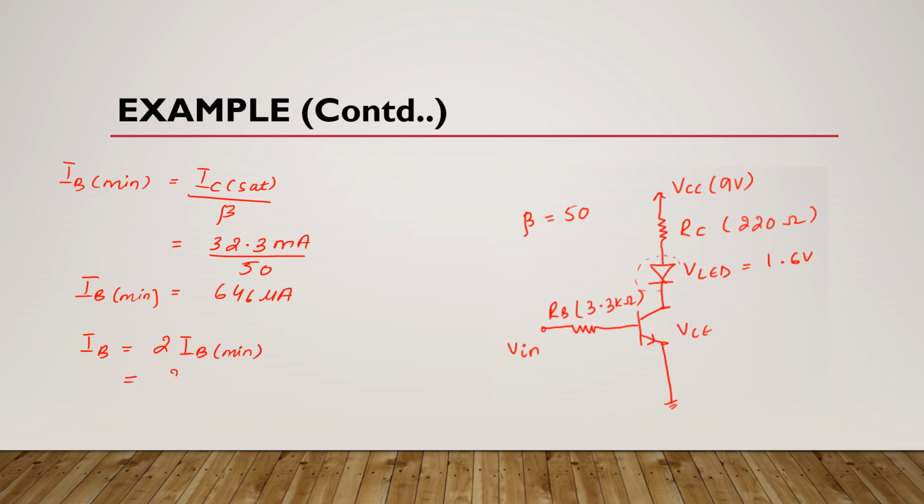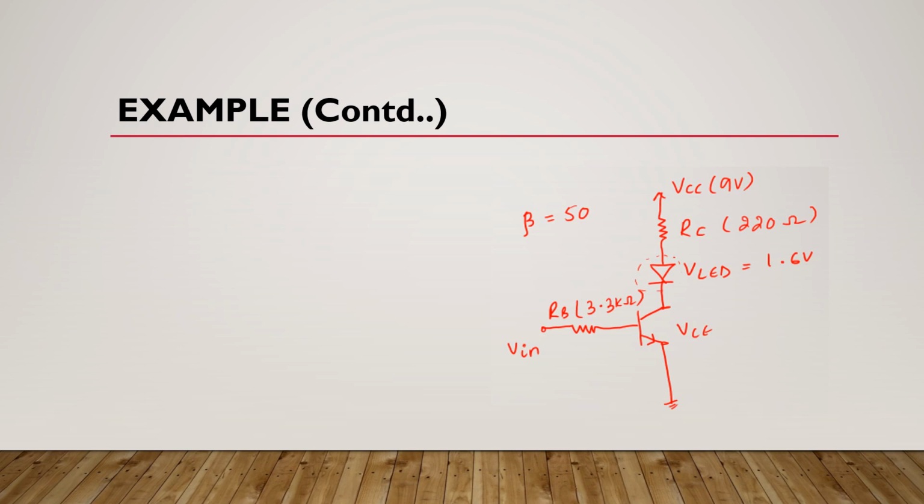And if we solve this, we get 1.29 milliamperes. We use this value of base current in order to make sure that the transistor is in saturation mode.